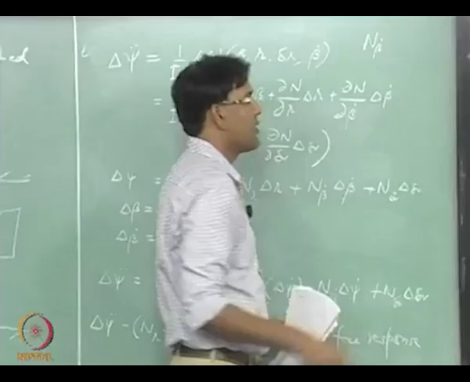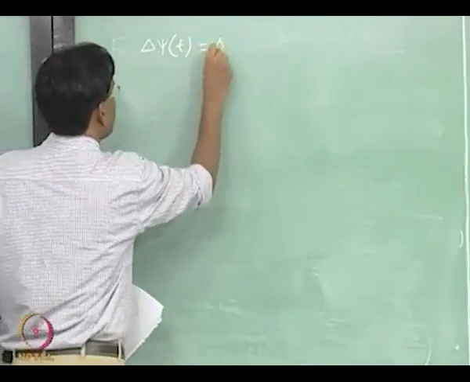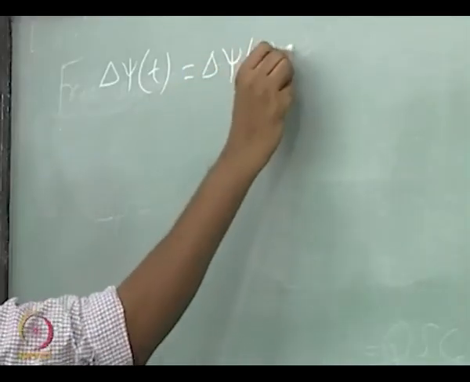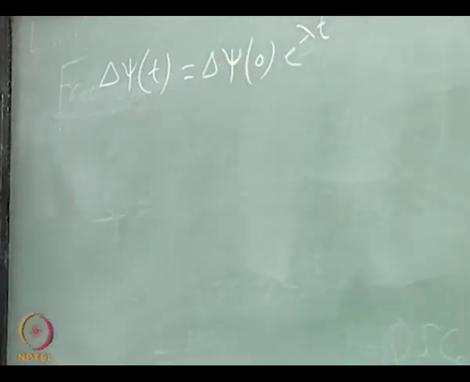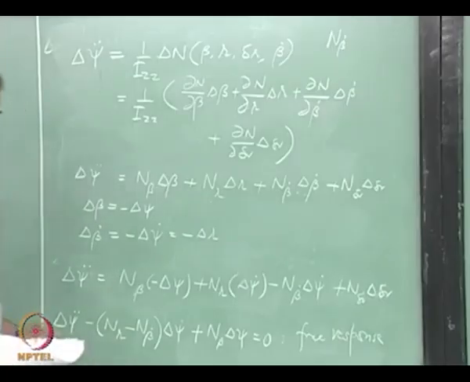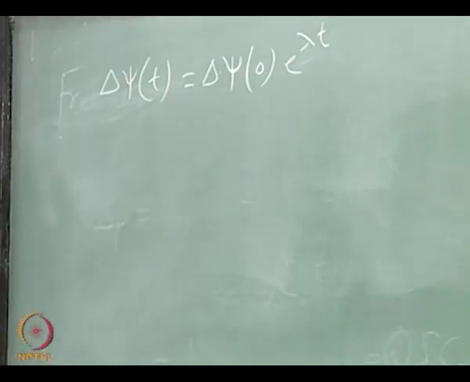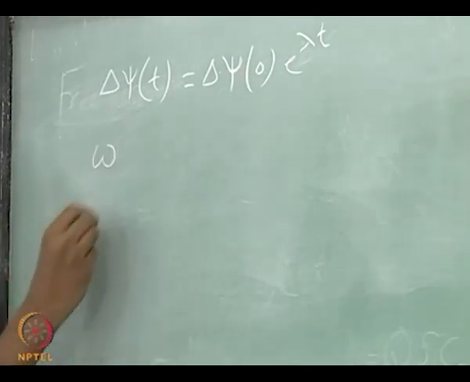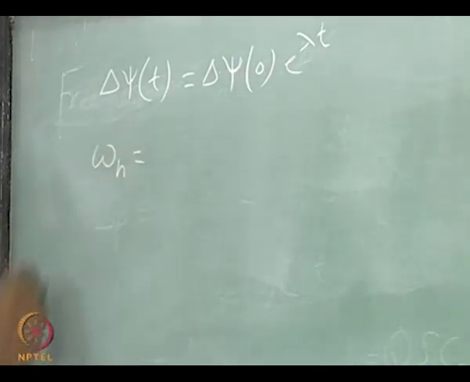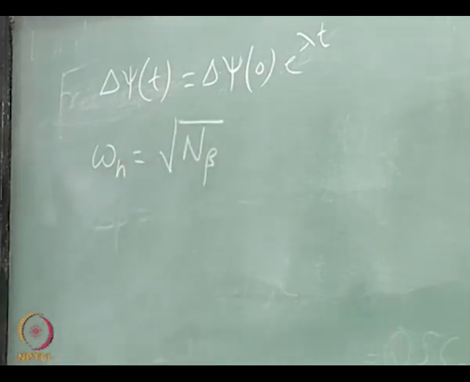Now, again I can assume a form of solution which is a general form, right, and that will result into a quadratic equation in lambda, right, and we can find out what is the frequency and damping of this motion. Right.